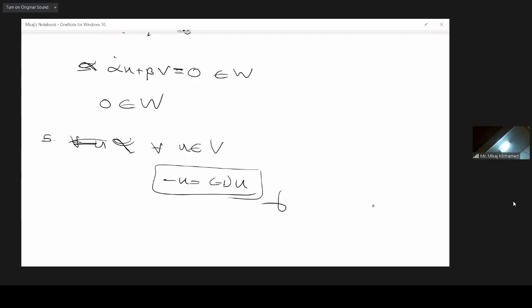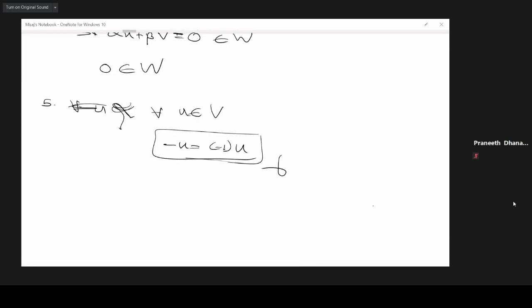I'm going to use this theorem now. Go back to your notes. In the theorem, there are 3 conditions proved. The third condition, I think, is this one. Yes, vector space.